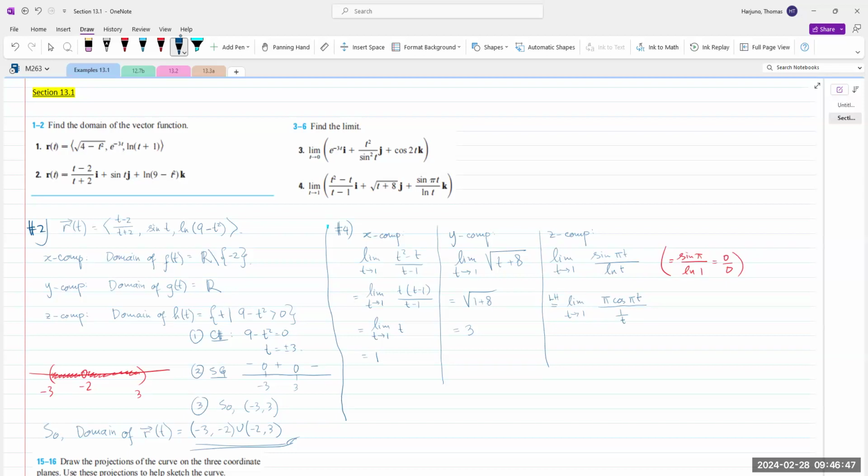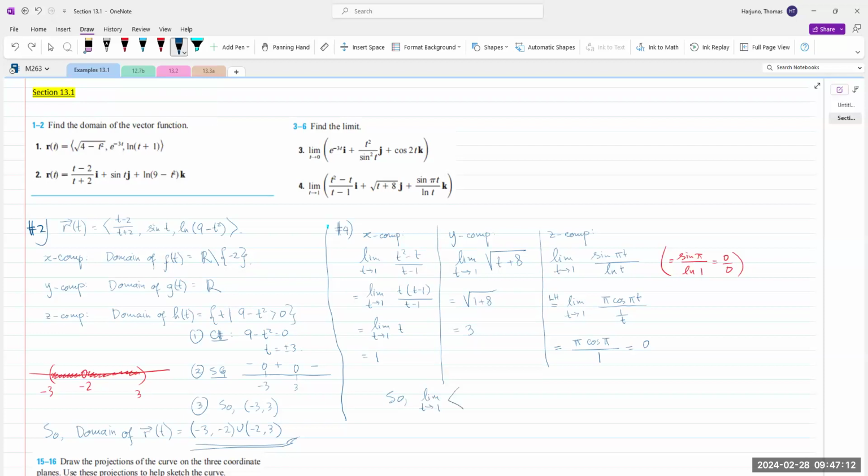Okay, then when I plug in t equals 1, I will get pi cosine pi, which is 0 over 1. It's 0.